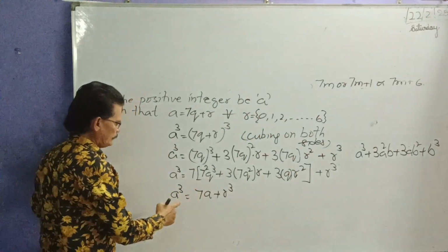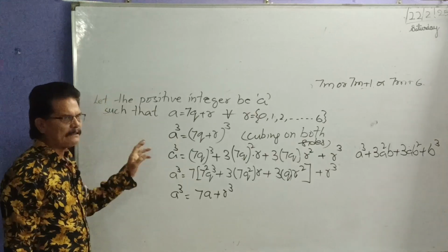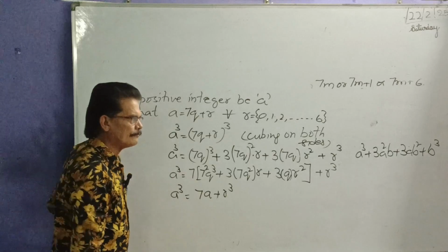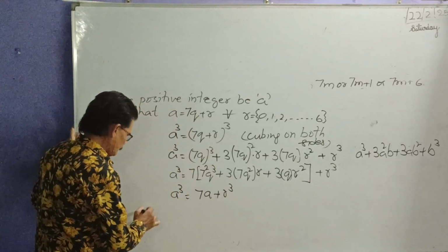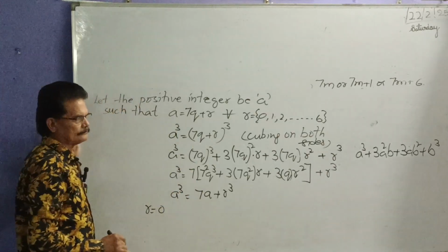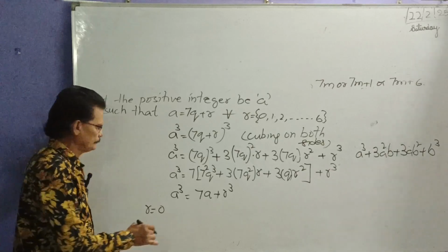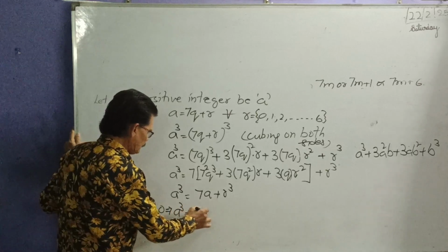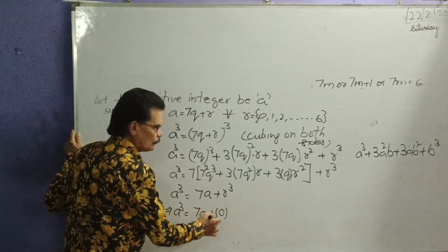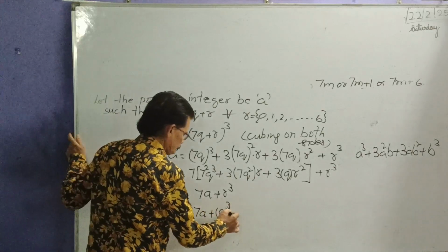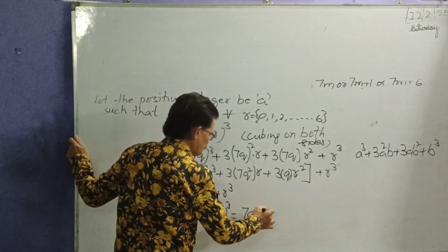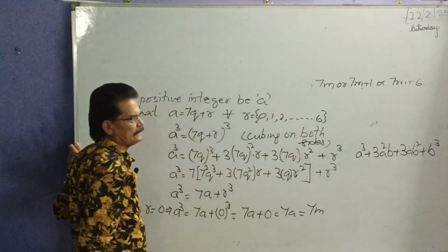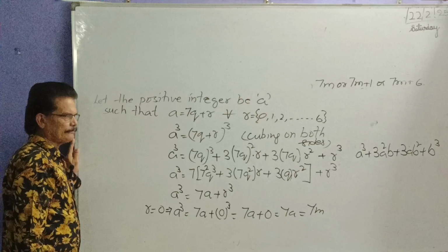Now starting with the r's. R value, how much? 0, 1, 2, 3, 4, 5, 6. So r is equal to 0 implies a cube is equal to 7a plus r cube. R is 0, so 7a plus 0, that is 7a, which is in the form 7m.